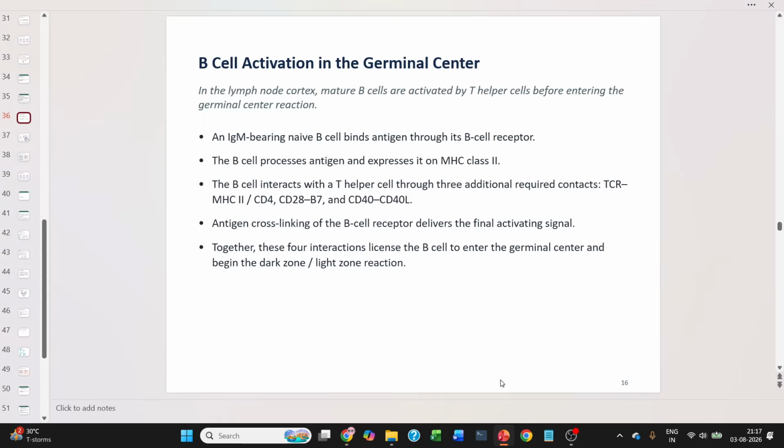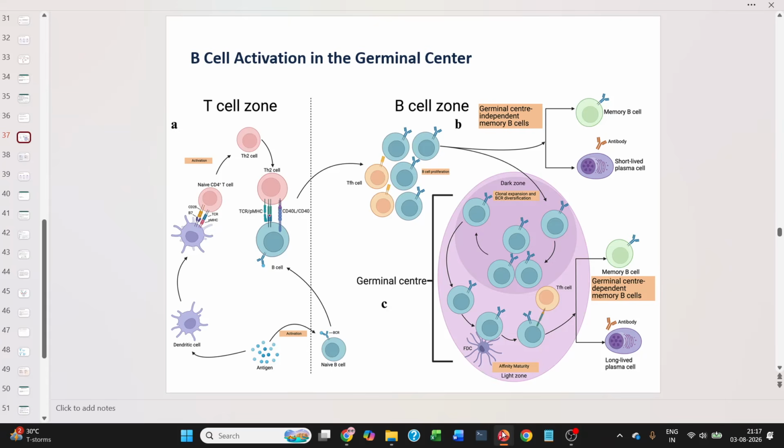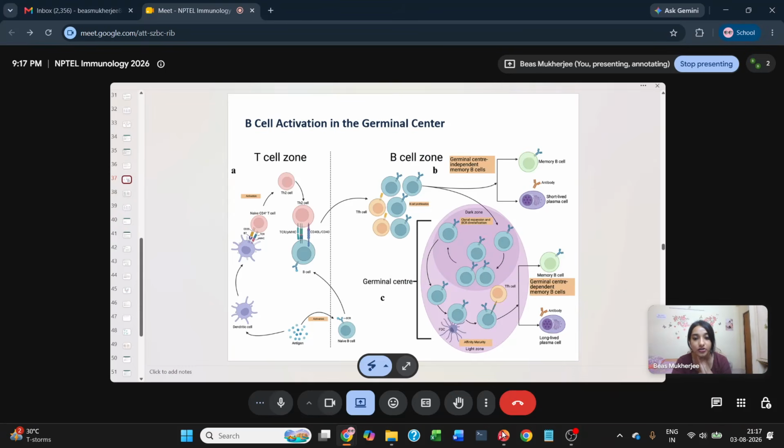Okay, so the entire thing that we read about, we are going to look at in this figure. So see what happens. Initially there is this naive B cell, and the naive B cell is either directly interacting with the antigen or it is interacting with this Th2 cell presented antigen.